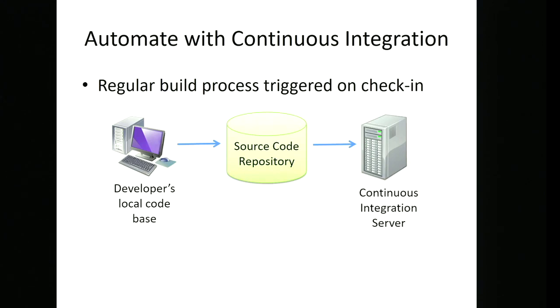It can run all the unit tests, and all the integration tests. Anything which can be automated, continuous integration will run, and not just on the bits and pieces that you've just been working on.